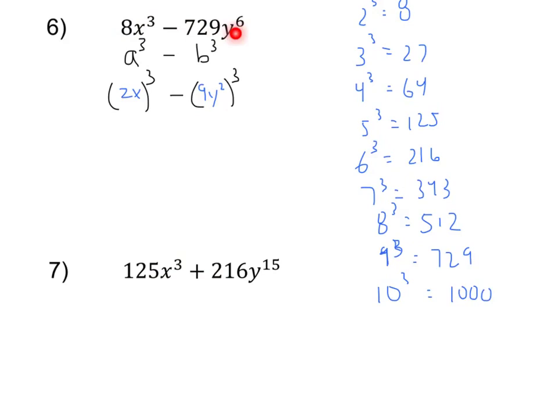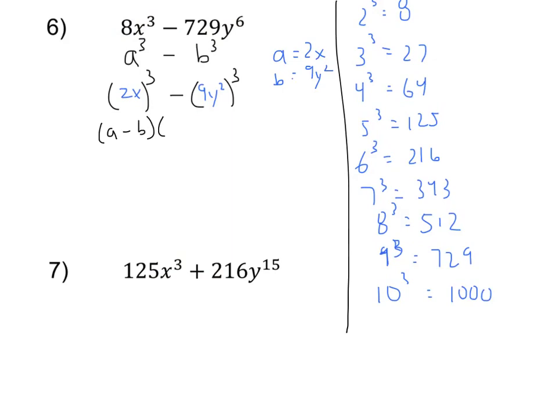So in this case, our a is 2x, and our b is 9y squared. Now let's follow our formula. This can be factored in the format a minus b times a squared plus ab plus b squared.